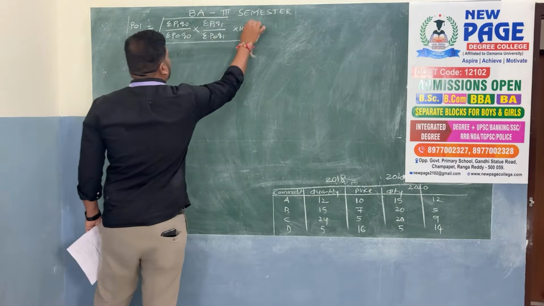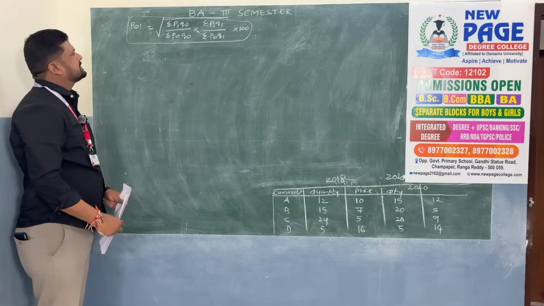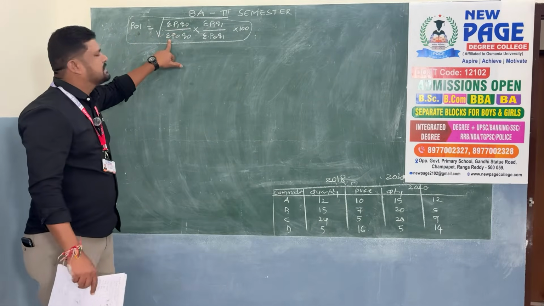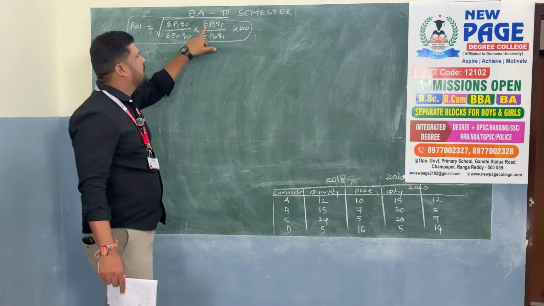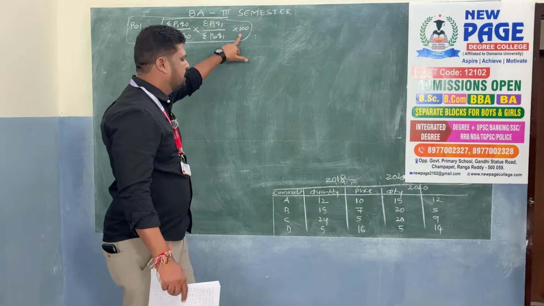Remember this. Fisher's ideal index number P01 equals the square root of sigma P1 Q0 by sigma P0 Q0 into sigma P1 Q1 by sigma P0 Q1, into 100.